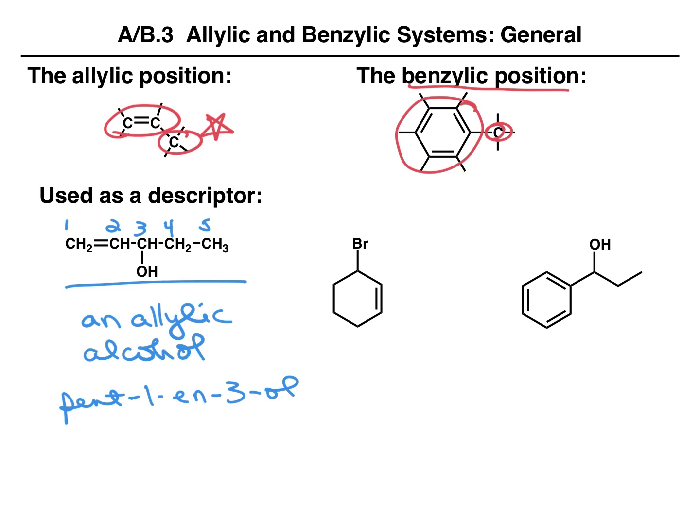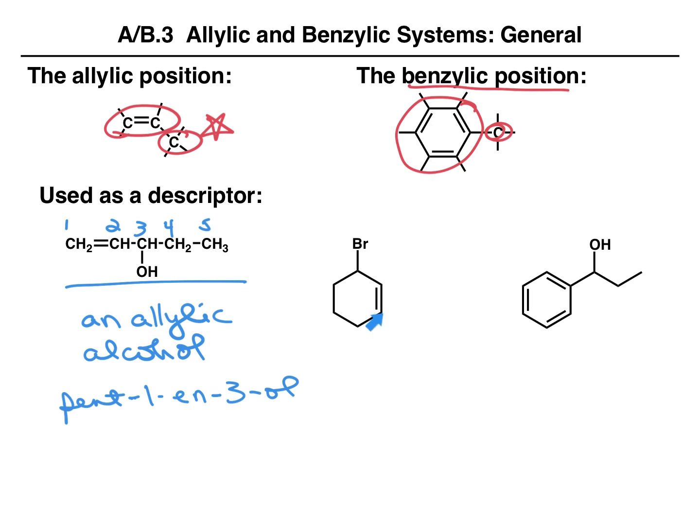If we look at the next compound, we're still talking about an allylic system. Remember, just having a double bond in a six-membered ring does not make it aromatic. That does not make it benzene. Benzene has to have the six-membered ring with alternating double bond, single bond all the way around. This is just an alkene that happens to be in a six-membered ring.